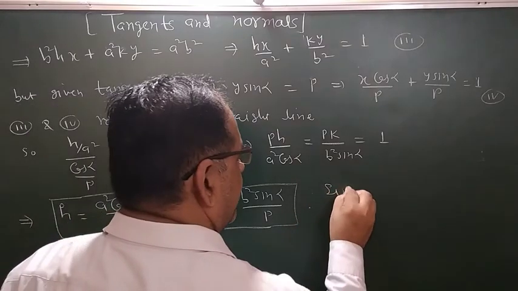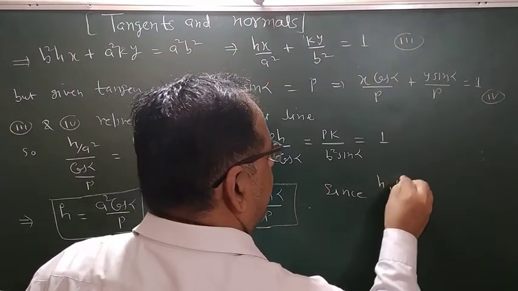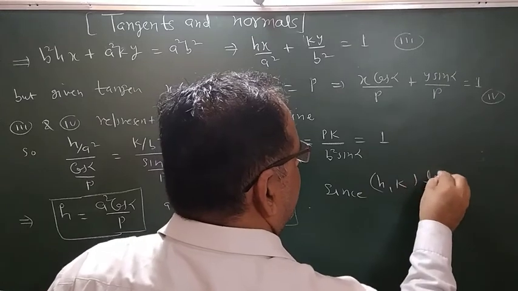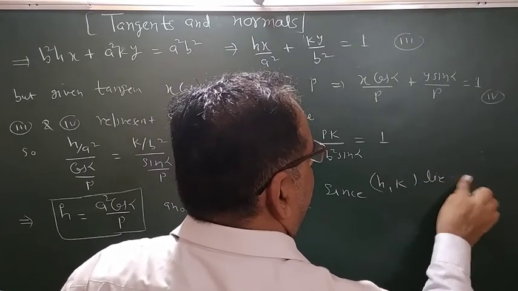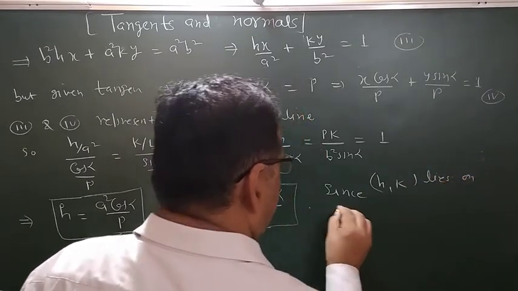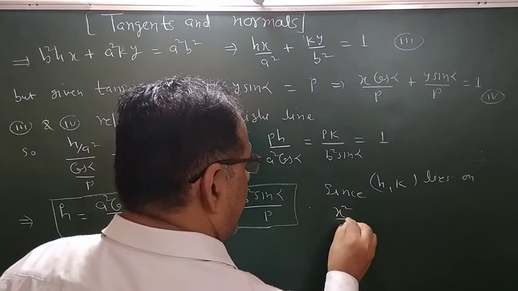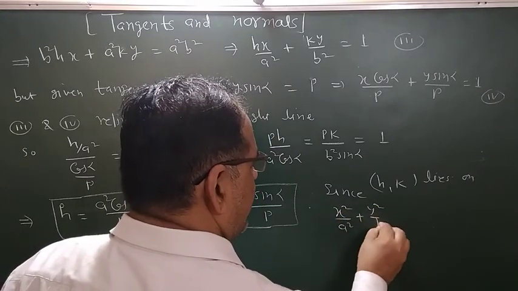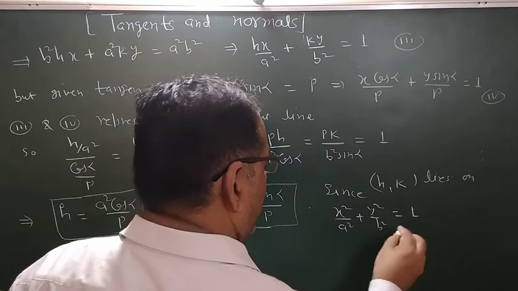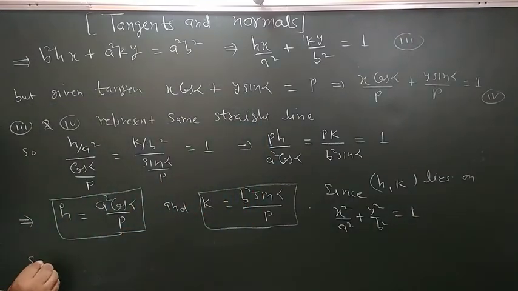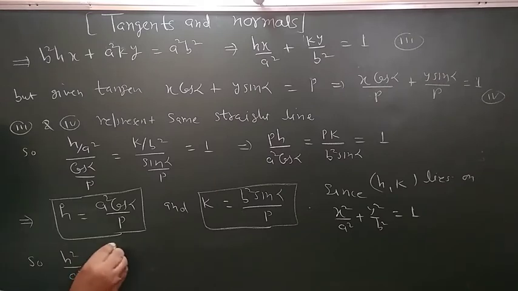Since h, k lies on x square upon a square plus y square upon b square equal to 1, so h square upon a square plus k square upon b square equal to 1.